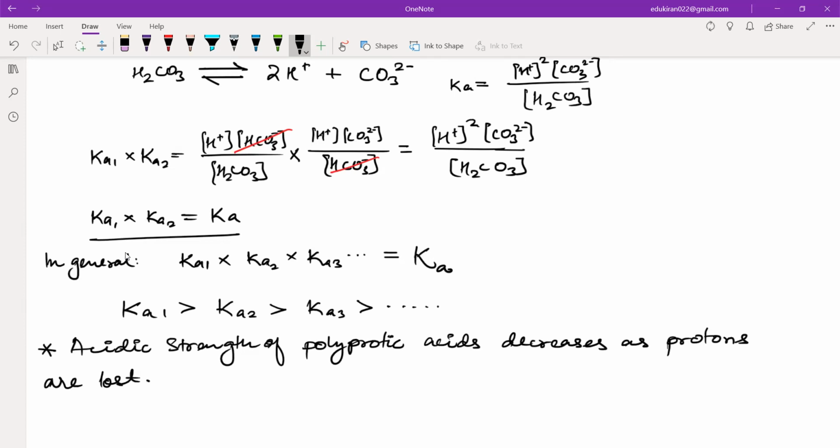Okay, so write these two lines. Let me know if you're done. Then you will look at the acidic strength. Done, guys?